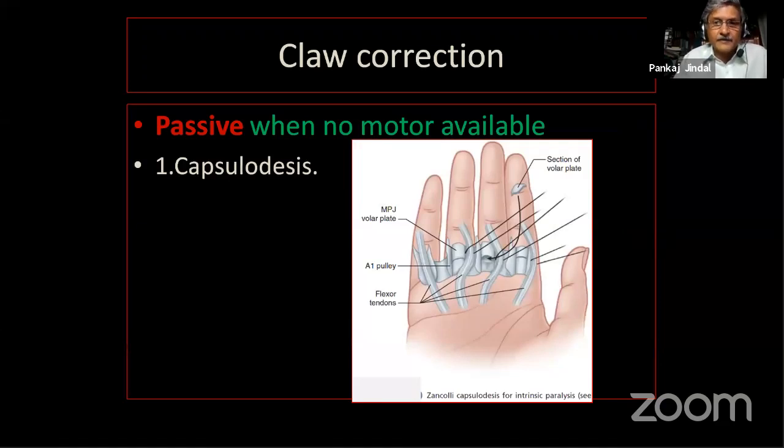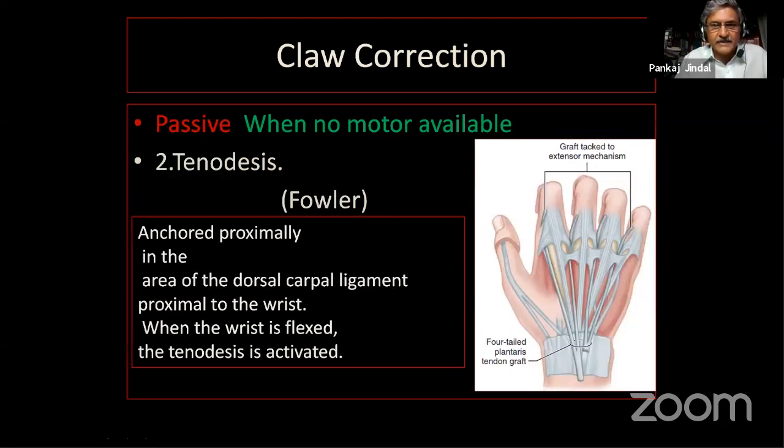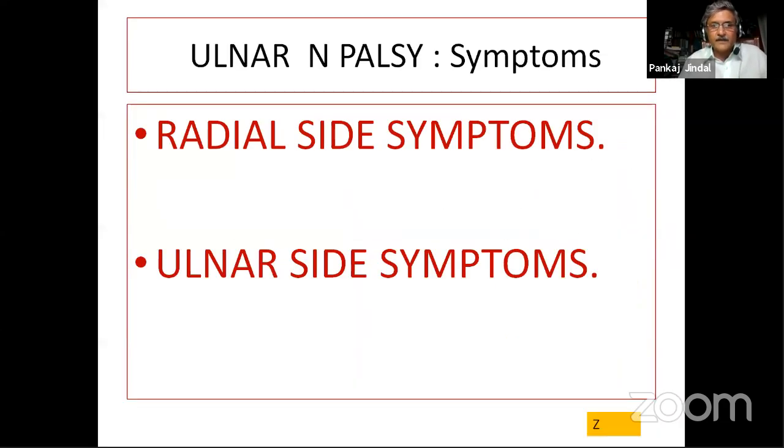When the tendons are not available, you do a passive procedure, which means you cut a part of the capsule of the MP joint here and you tighten this. This is capsulodesis. Similarly, you have tenodesis here.